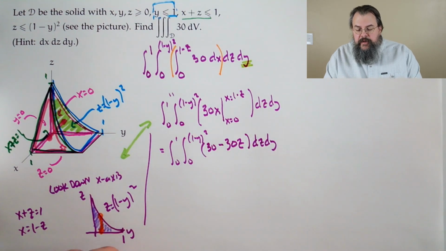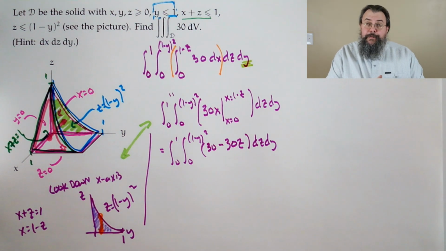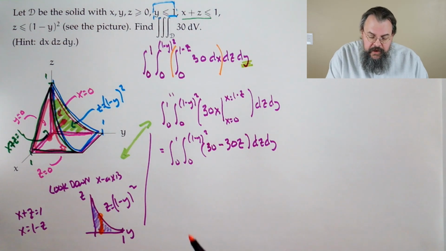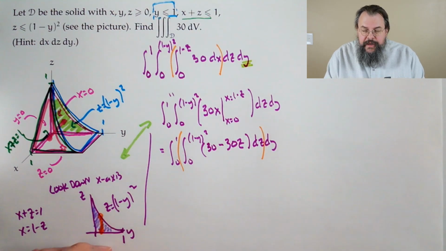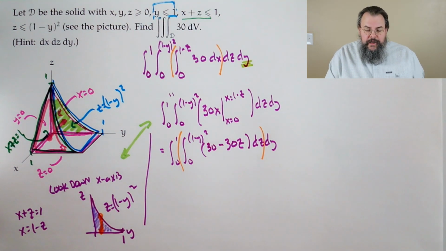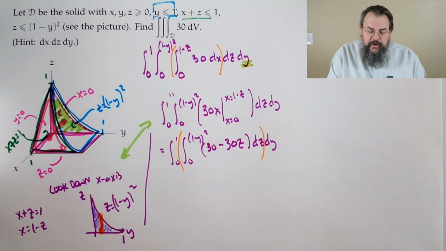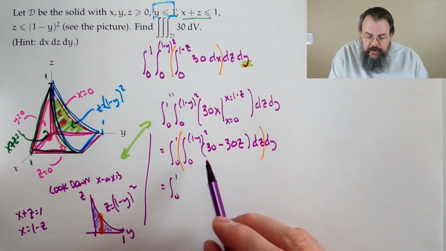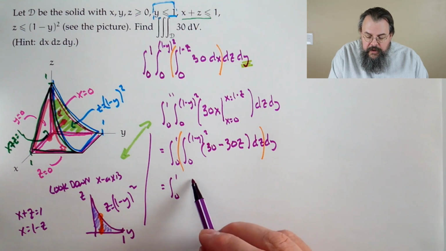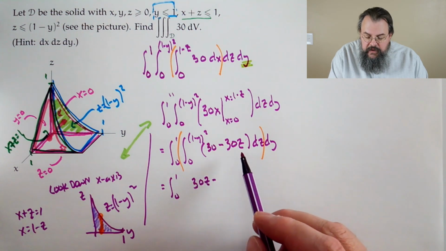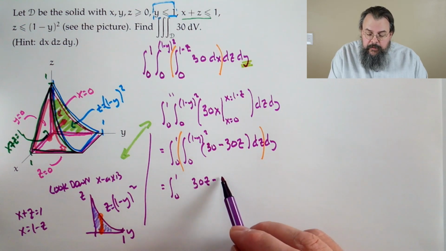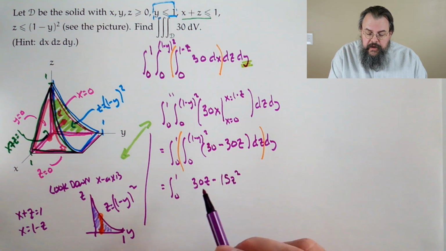Okay, great. Well, keep going, right? So what's next? We go to our next layer. What will it be? Okay, so we're going to integrate here with respect to z. So this will be the integral from 0 to 1, integral of 30z minus, well, z squared over 2 times 30 makes 15z squared.